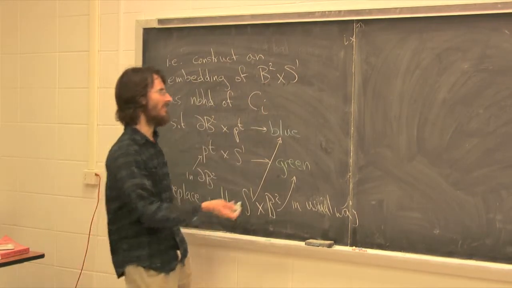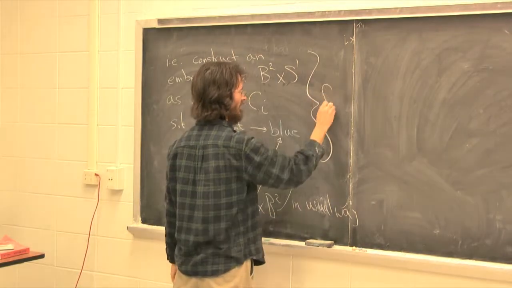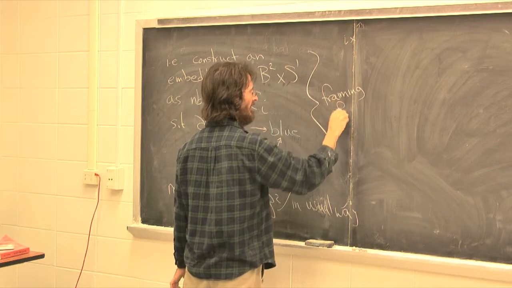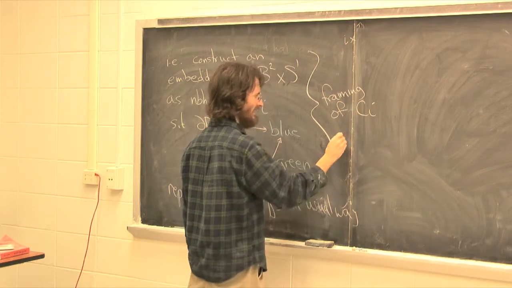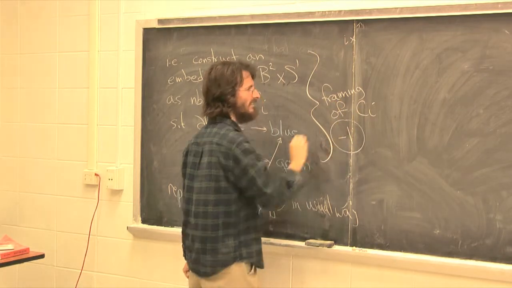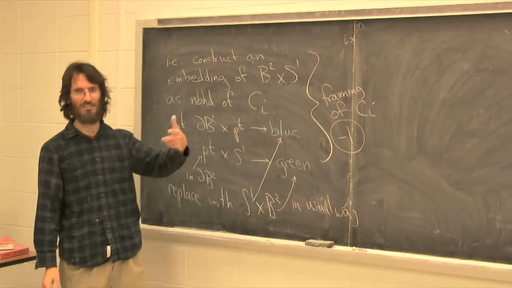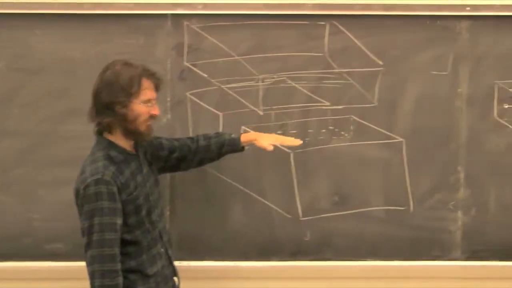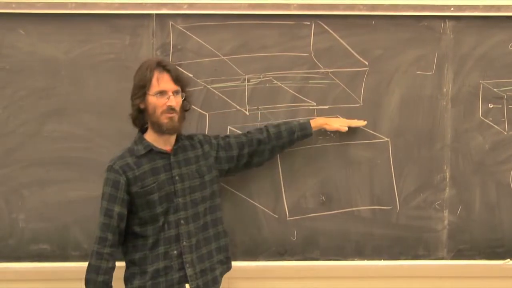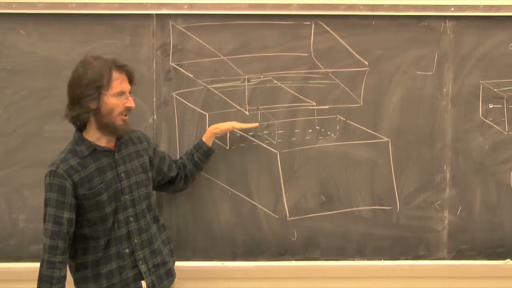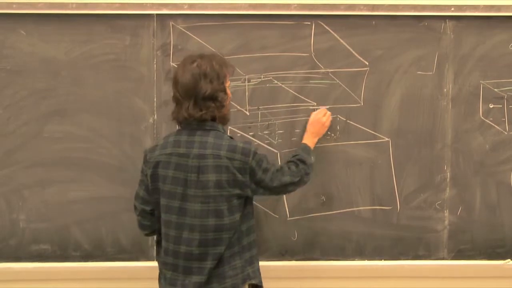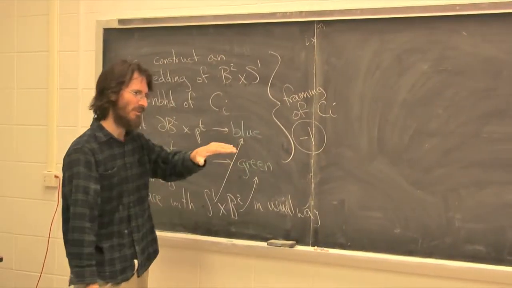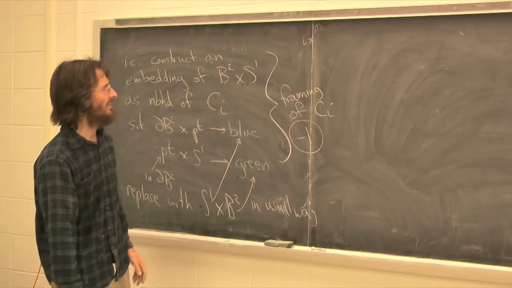Anyway, this is a framing of CI, and the framing is actually, in this case, -1, relative to the thing that we called 0. Because the thing we called 0 would have been, it comes from the surface, and if we draw a parallel push-off, it just goes in that direction. It's -1 because it twists 1 to the left.